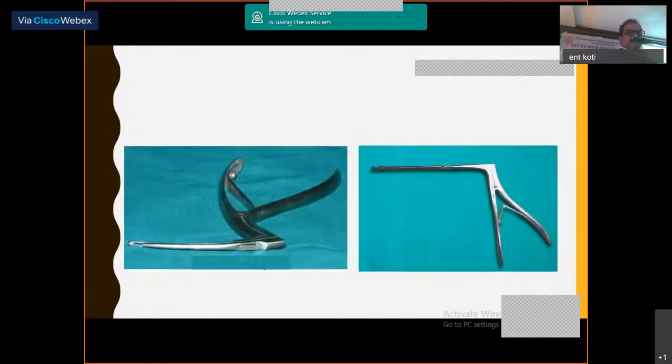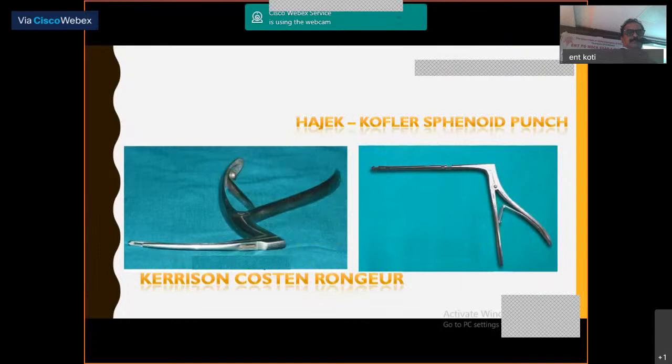Any difference you can make out? This is curved. This is Hajek-Koffler's sphenoid punch, and this is Kerrison's rongeur. There is a slight difference in these two. Sphenoid punch, where do you use it?